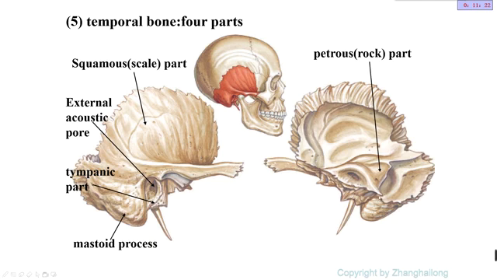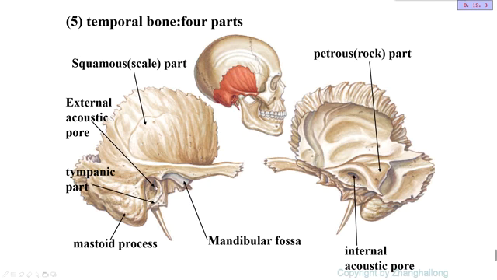And this part is the petrous part, because it is very like a rock. Petrous means a structure like a rock. In the middle of the petrous part there is the internal acoustic pore. In it is the internal acoustic meatus, which also communicates with the middle ear. So they communicate with each other from external to internal. And here our acoustic nerve will enter your skull and connect with your brain. Okay.